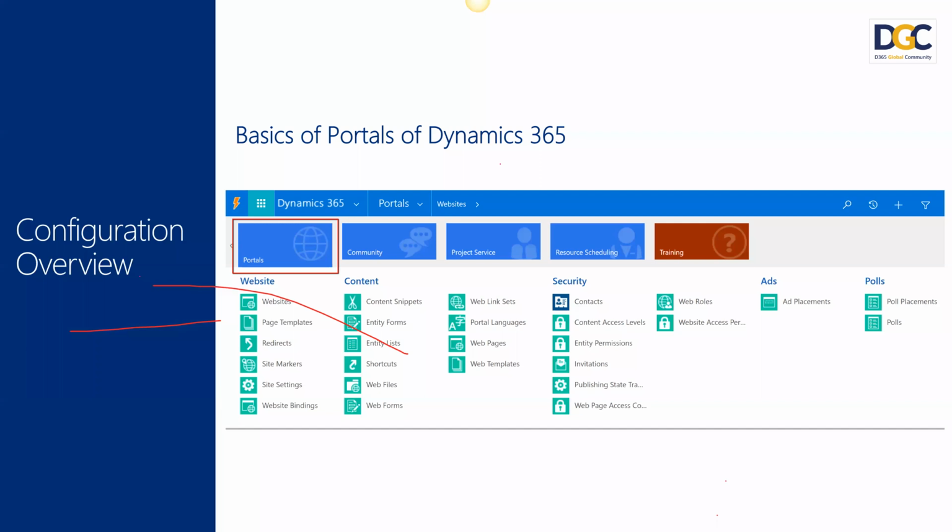The permission settings determine which components can be managed in the portal. So that is the basics of the portals, and there are so many, but I think those are the important topics, and we are going to talk about those terms throughout this session, so that's why I thought to explain those.